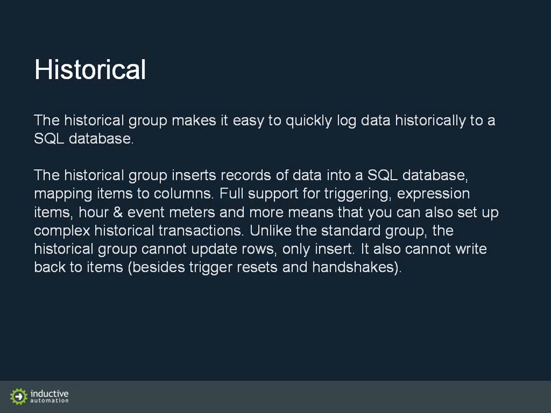The first group I'd like to go over is the historical group. The historical group makes it easy to quickly log data historically to a SQL database. This group actually inserts records of data into a SQL database, mapping items to columns. It has full support for triggering, expression items, hour and event meters, and more.